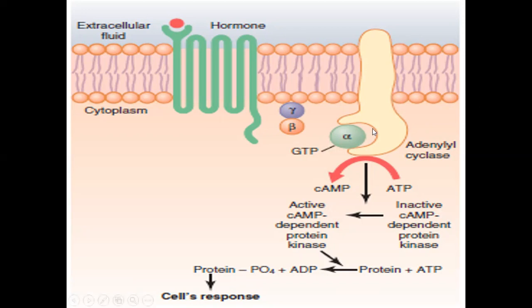That effector molecule may be an enzyme, an ion channel, or a protein which generates a second messenger. So adenylyl cyclase generates the second messenger cAMP. The second messenger in turn will cause the physiological effect of that particular hormone, thus producing a cellular response.